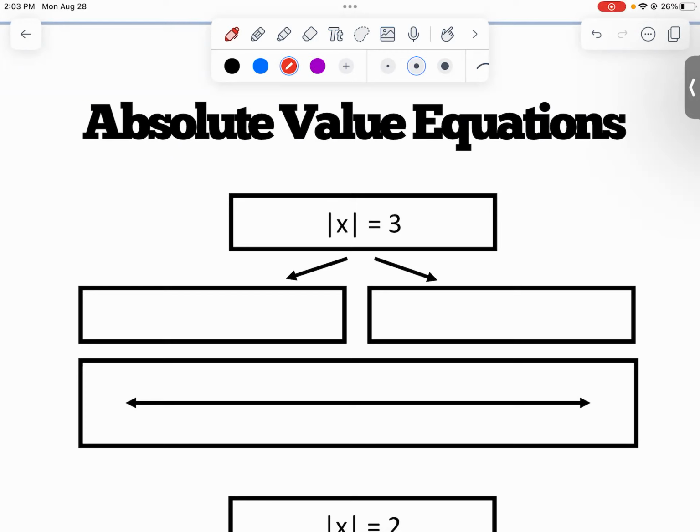The absolute value of X equals 3. If this is our equation, then we need to split it into two equations. One where what's inside of the absolute value equals 3, and another one where what's inside of the absolute value equals -3. Are you okay with that?